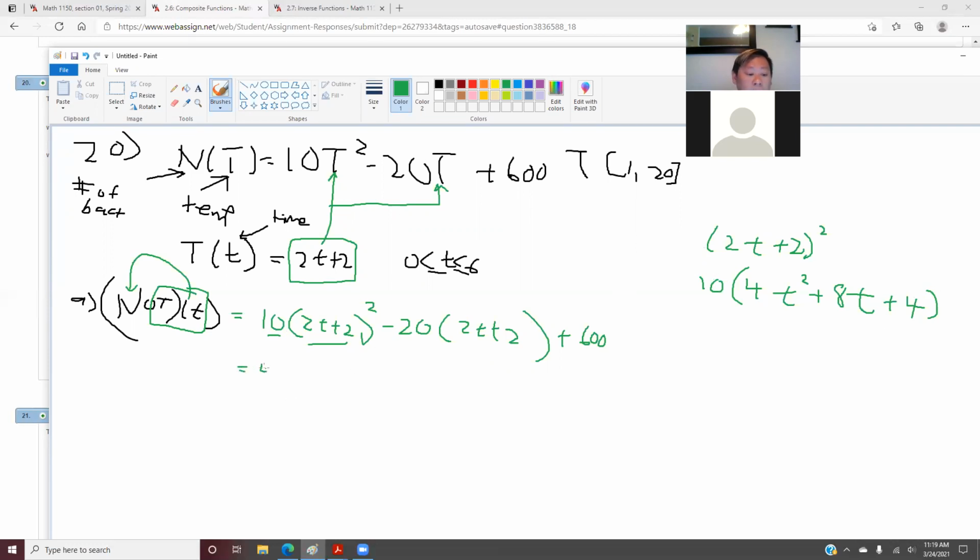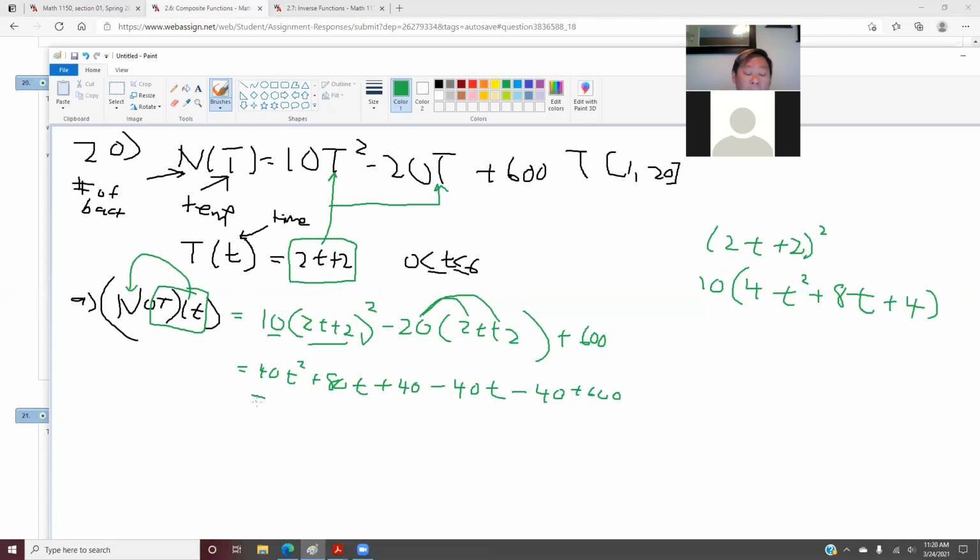It'll be 40t squared plus 80t plus 40. Make sure this t is a tiny t, not a capital T. And then distribute your negative 20 here, so it'll be negative 40t, and then negative 40. And then the plus 600.